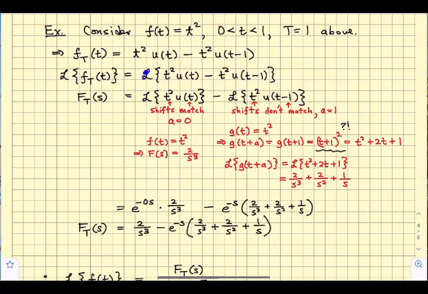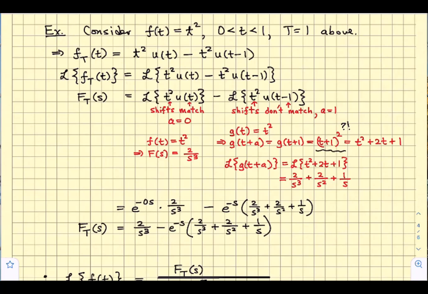Here we're going to use linearity to take the Laplace transform of the pieces. So the Laplace transform of this piece minus the Laplace transform of this piece. Notice if you go back to our previous work, remember when you were Laplace transforming a function times a unit step, you either had the F version of your theorem or the G version of your theorem, the F of t minus a times u of t minus a, that's when the shifts match.